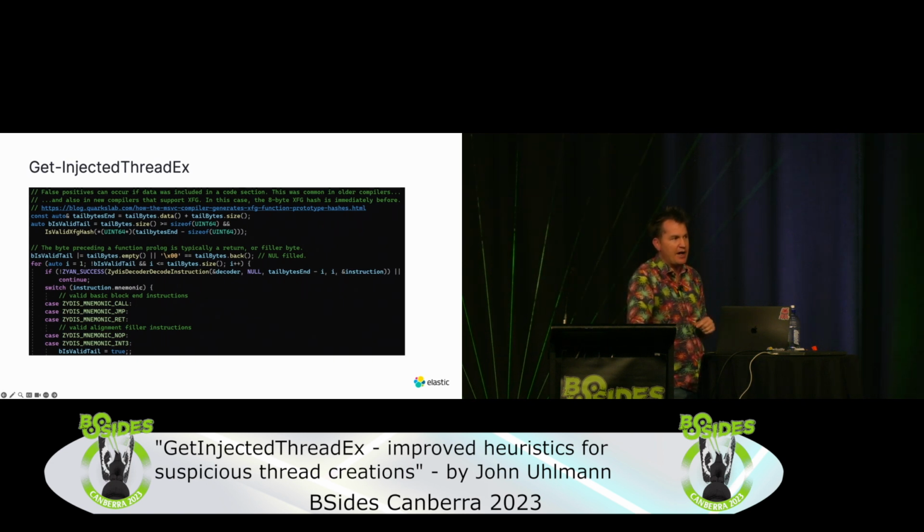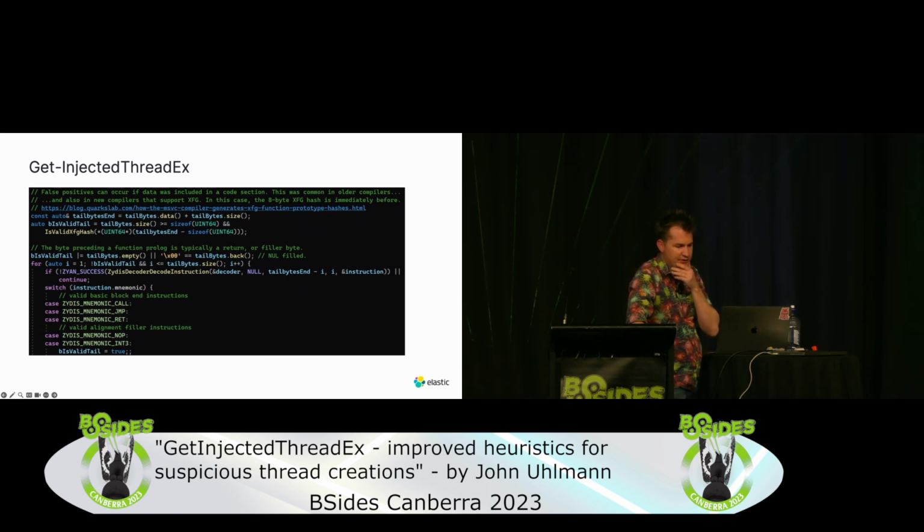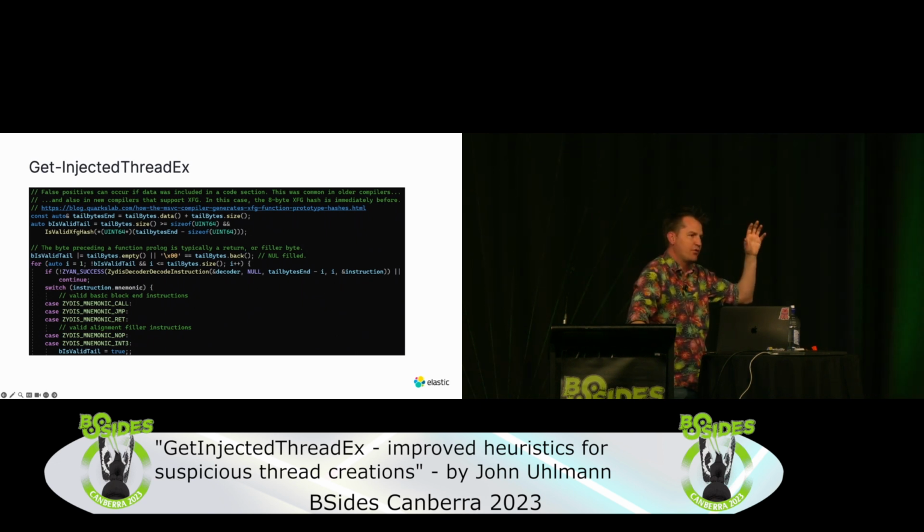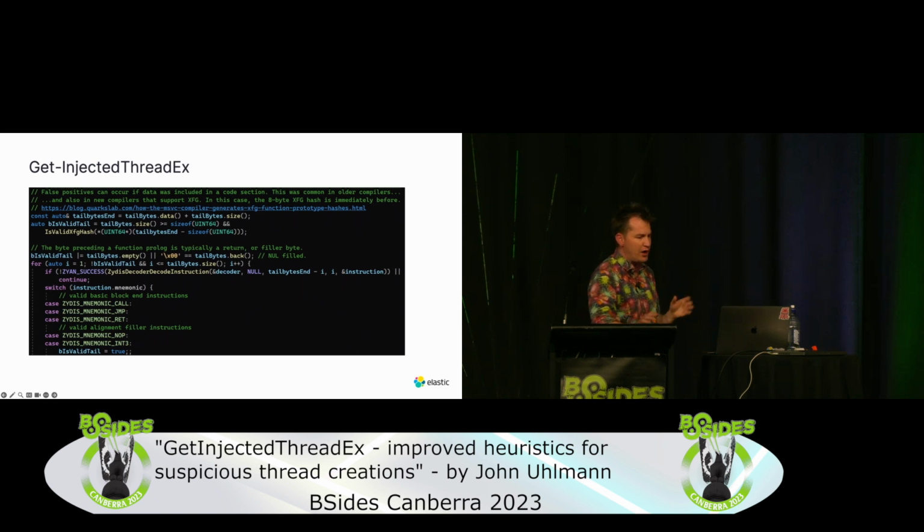So hang on, now I had a few bits that I could check. So it's not as perfect, not as nice as it would have been previously, but I can now actually account for those extended flow guard hashes. So a lot of effort here into working out what a valid thread entry point is. It's got to be like a function, it's got to be in certain spots, and there's all this different hoo-ha going on.